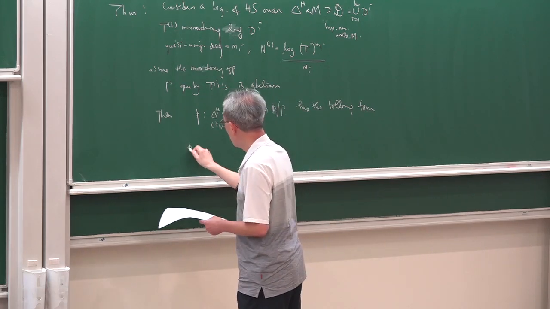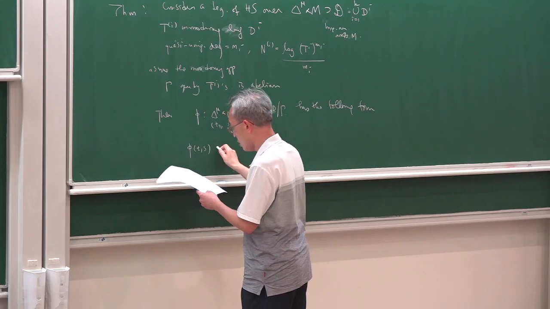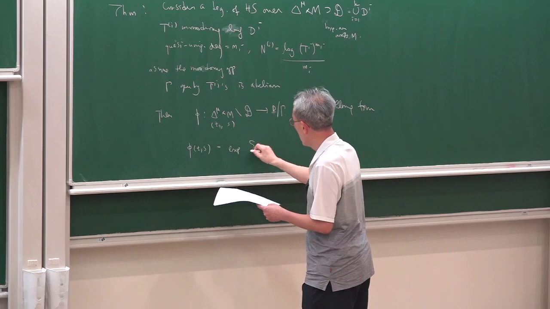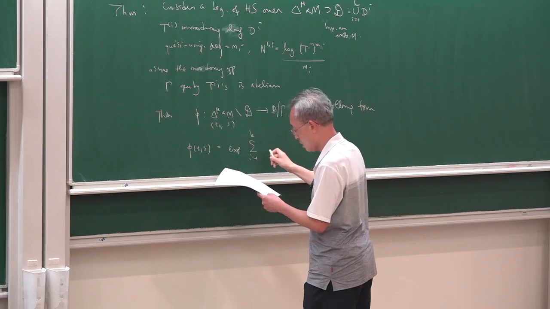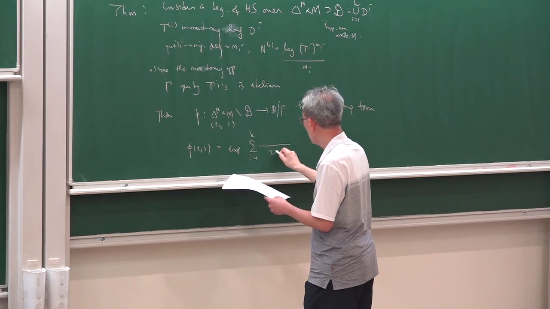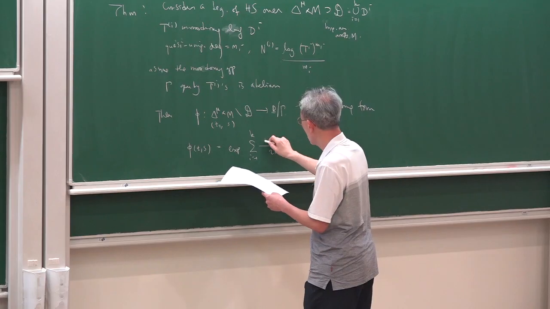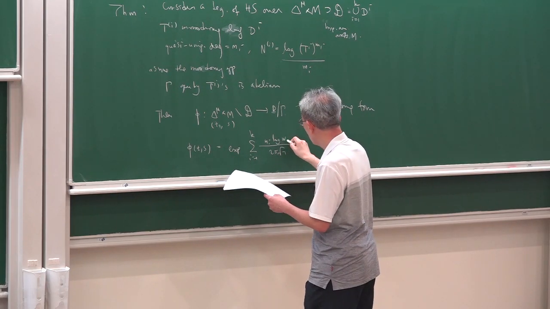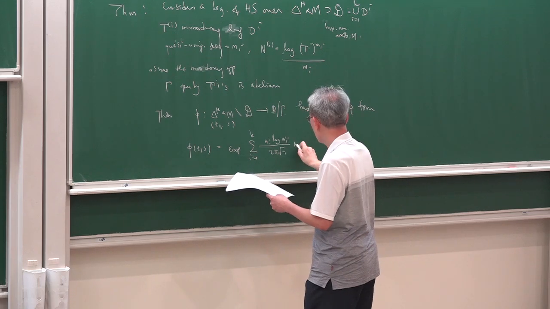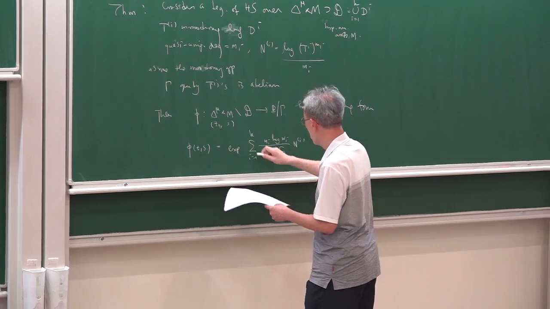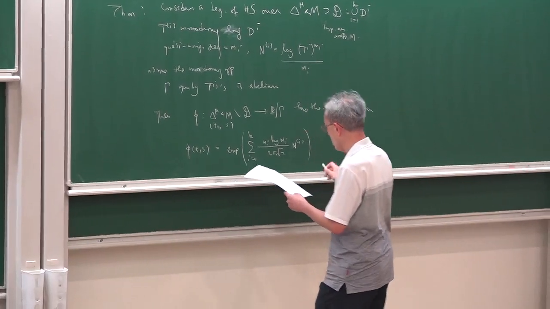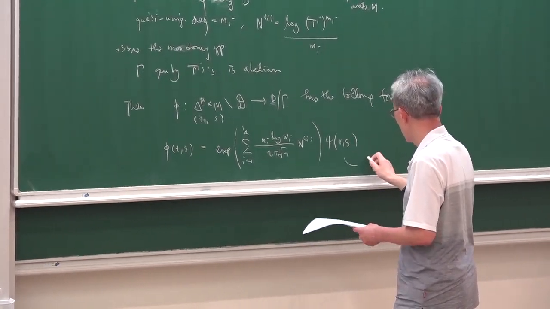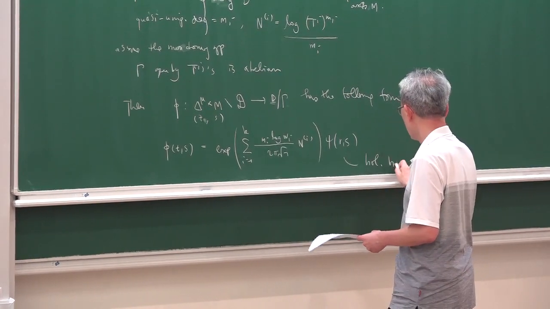Then the period map of T, S turns out will be the exponential of the sum from i equals 1 to k of 2 pi i, and this is mi log wi and Ni, times some holomorphic function. And this is holomorphic and horizontal.